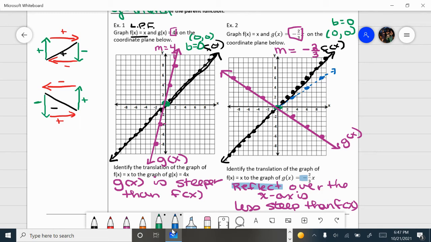So what I really want to call your attention to on steeper versus less steep: if our slope is bigger than 1, then it will be steeper.